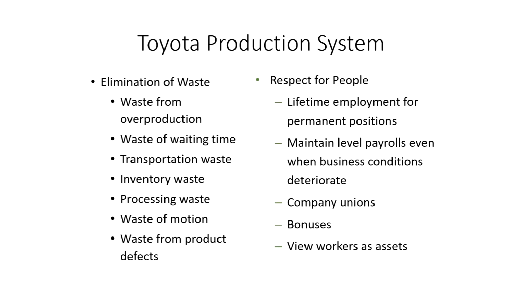So, now we will further elaborate on this with the help of several tools and techniques which are used in JIT manufacturing context. Before doing that, let us see how the Toyota production system works. In the Toyota production system, two things are very important. They try to eliminate all types of waste, which is non value added activity, and they have very high respect for people.